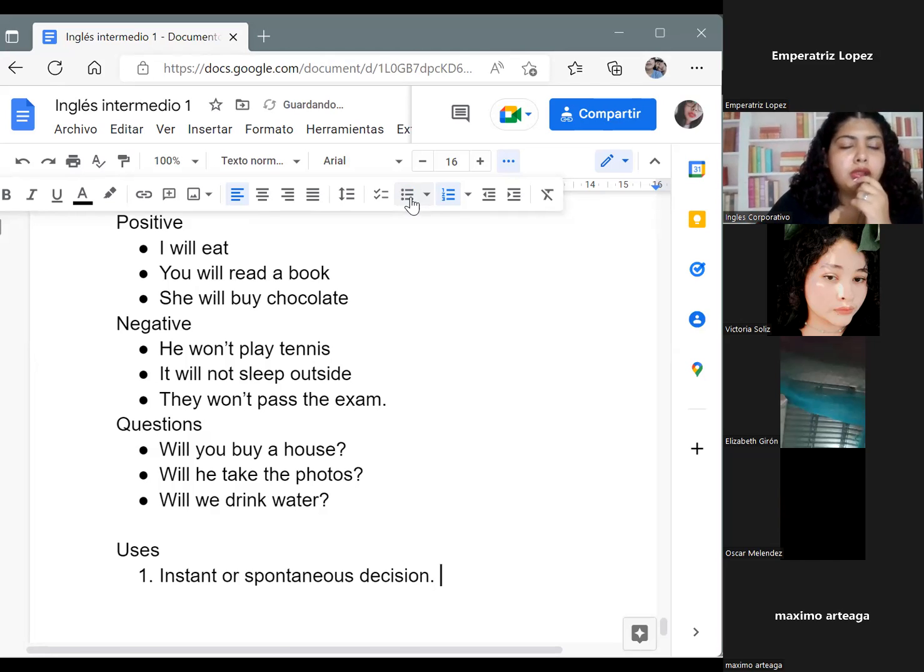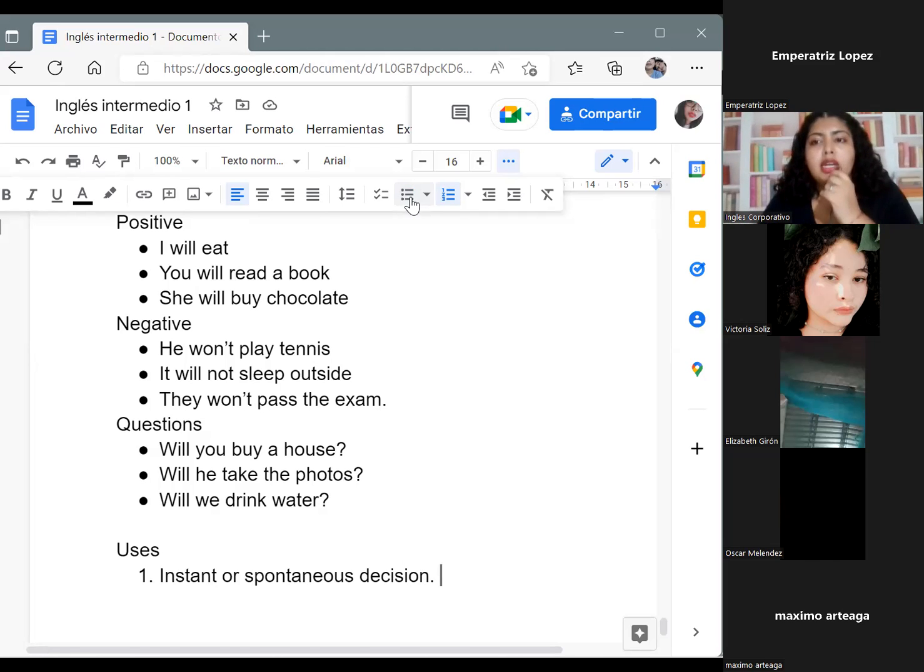So in this case, when you are doing something and you are not thinking about the situation, you are just wanting to change that situation that you are living, you make this kind of instant or spontaneous decision.